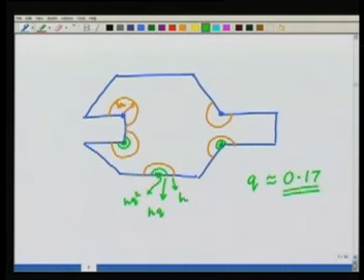Then in these rings I can make the elements. As I said, the rings need not be circles, they could be approximated by polygons. So I make these triangular elements here, somehow finish them off, and then extend the mesh outside.